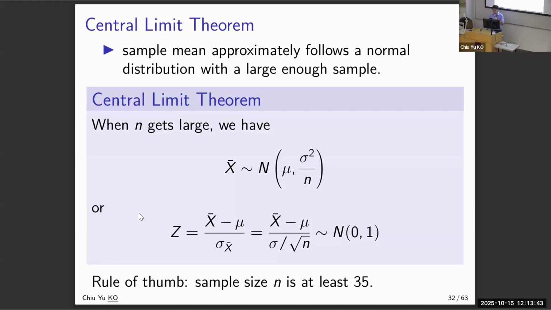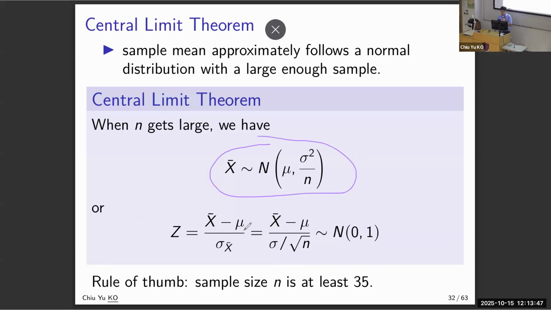And remember standardization: you just subtract the mean and divide by the SD, the standard error, which is the square root, sigma over root n, and that is a standard normal. So the first part is the central limit theorem, and this is just standardization. There's nothing new here; this is from the last chapter.